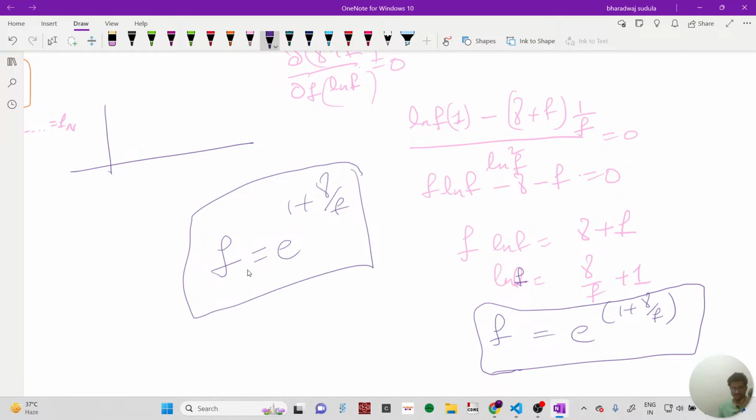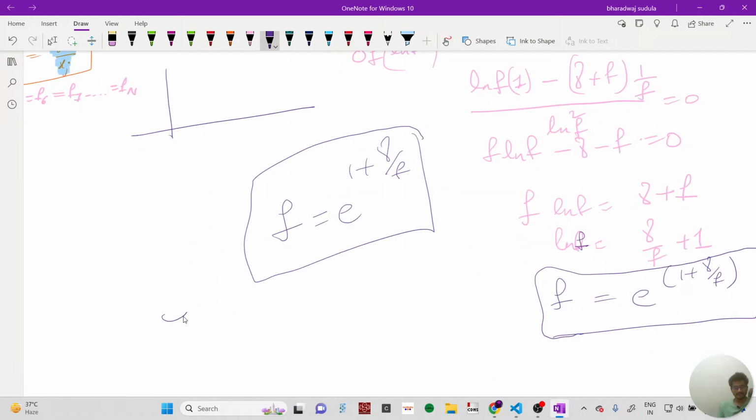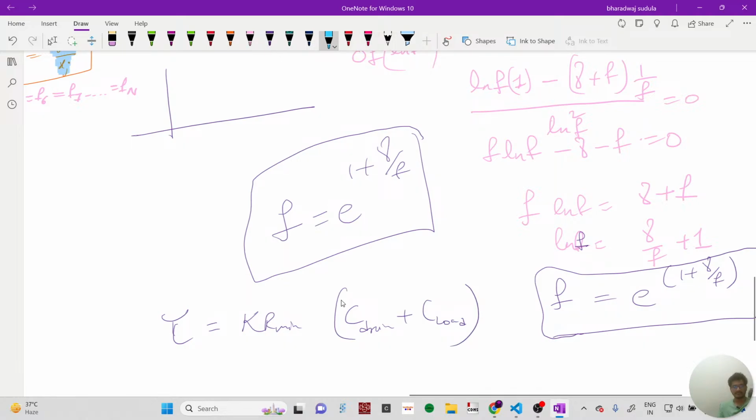And it turns out that, let me be clear to the point, tau depends on what? K, it is a constant, r min, okay, usually drain cap plus load cap. I have manipulated that with the gate caps as well, right? So this is gate cap, this is gate cap.